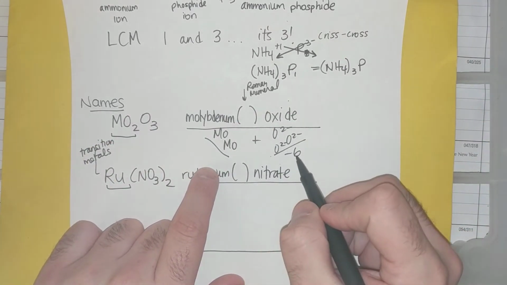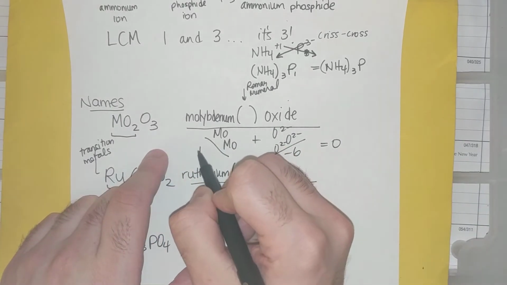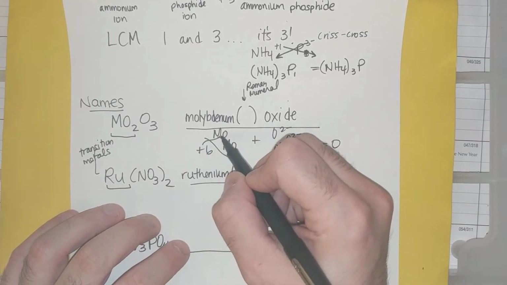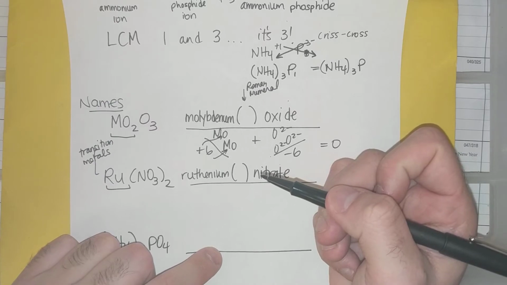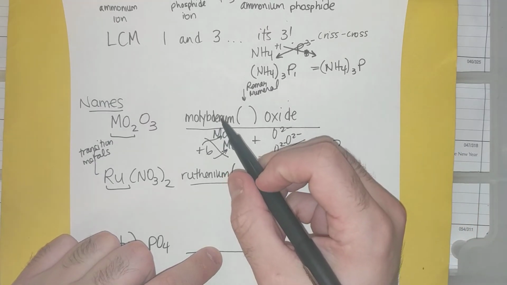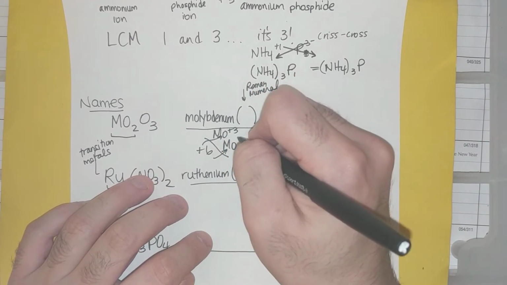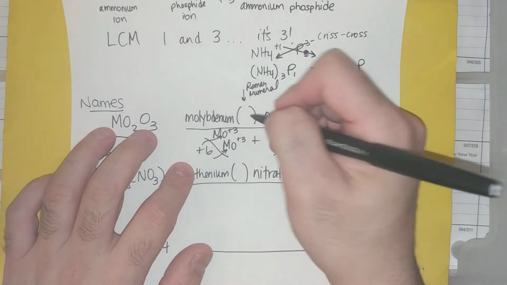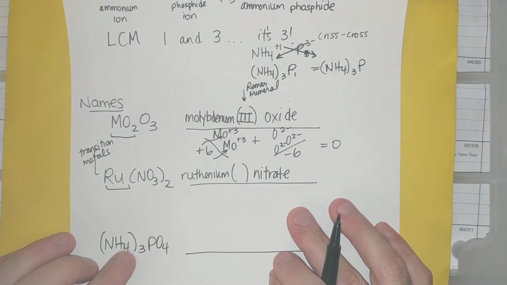Well, if this is -6 and I want the sum of the charges to equal 0, this must be +6. And that +6 is distributed evenly amongst the 2 molybdenums. That must mean that if each molybdenum has the same charge, and they do, they must be +3, because +3 and +3 will give me +6. And so I put Roman numeral 3 in the middle there.